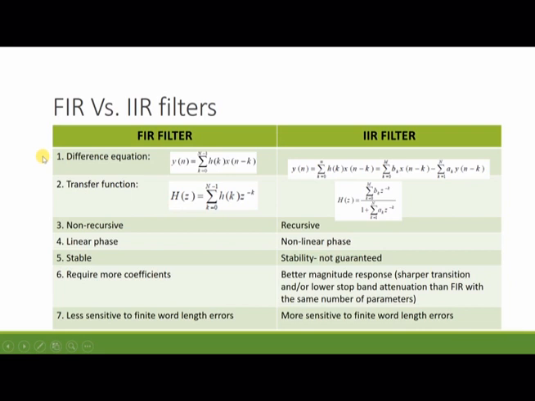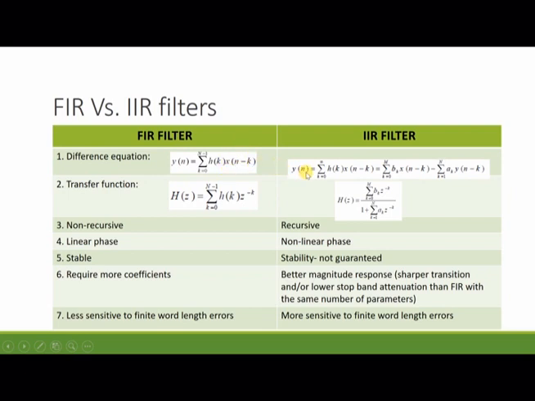Another set of differences between FIR and IIR are as follows. The difference equation for FIR is given as y of n equal to summation k equal to 0 to N minus 1 of h of k x of n minus k, where this represents the finite set of h of k coefficients, and the output depends only on present and past inputs.